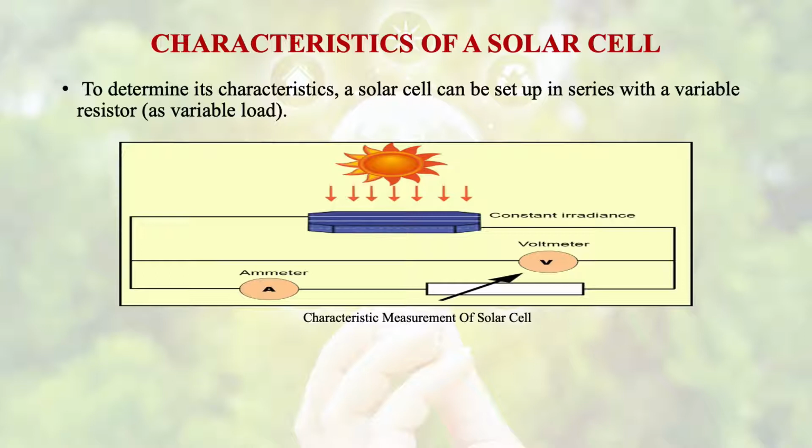That means we are changing the value of the resistance, that means we are changing the load. So the current and the voltage output of the solar cell change as the resistance of the load changes. By this method we can observe what variations in current and voltage take place when we change the load.